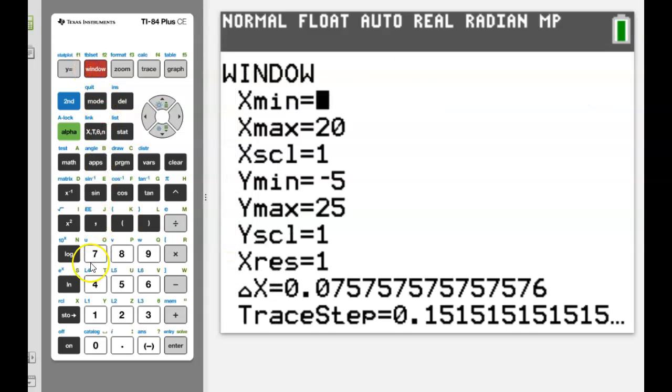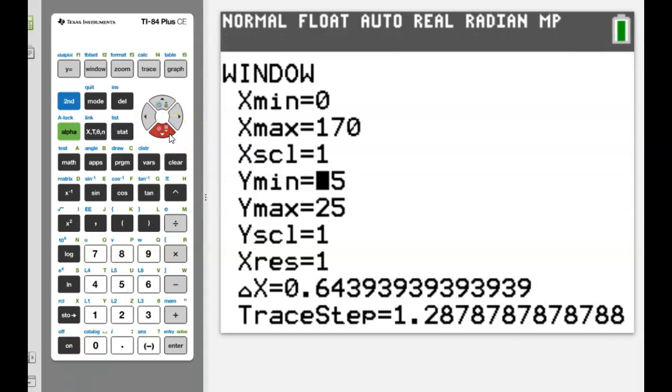Our window, though, has got to go out far, right? How far did it say? So if I go out to 170, what do my Y max and min need to be? Okay, so I'm going to do negative 4,500 to 4,500, but you can do 4,000 to... Well, of course I can't do that right, but I'll try.